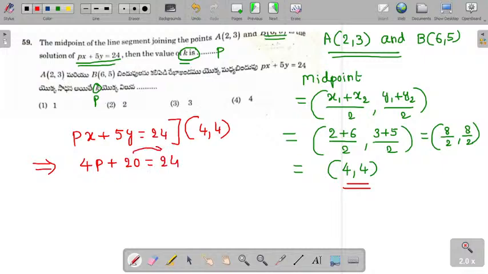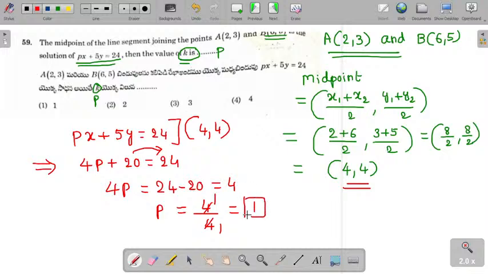So transpose 20 to this side. 4p is equal to 24 minus 20. Then what do you get? 4. So this is a linear equation in p. 4p is equal to 4. We need to solve for p. So p is equal to 4 upon 4. So 1. That means obviously p is equal to 1. The first option is the right option. I hope it's very clear to you.